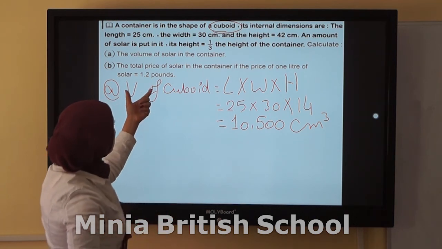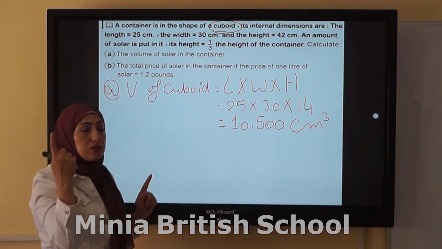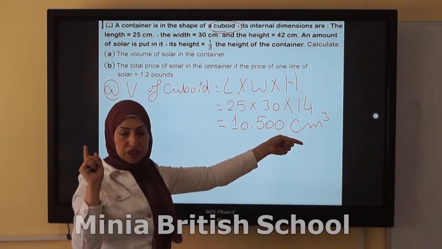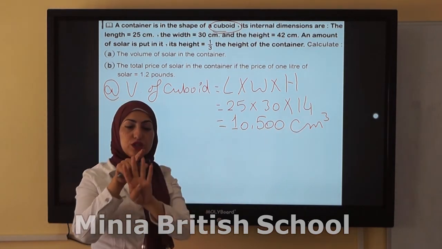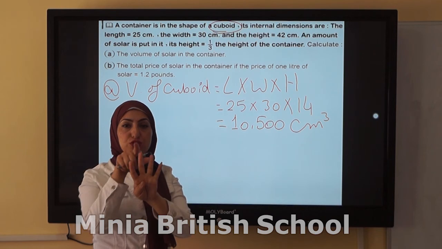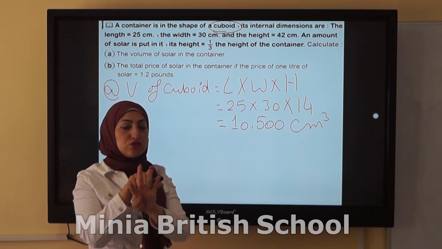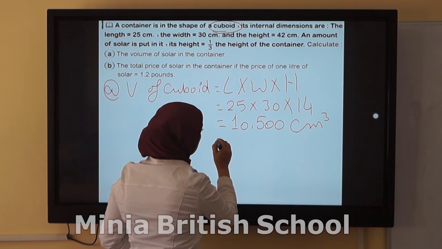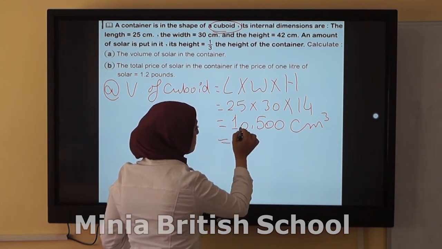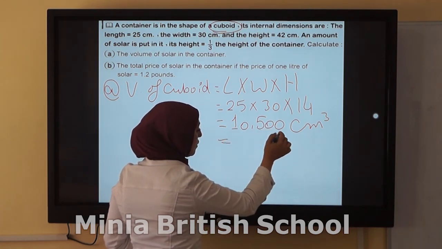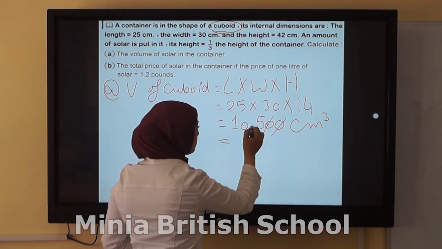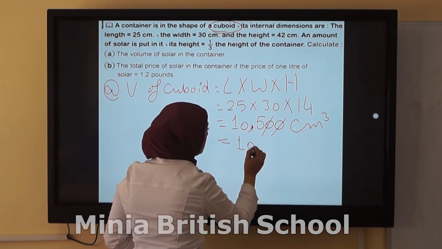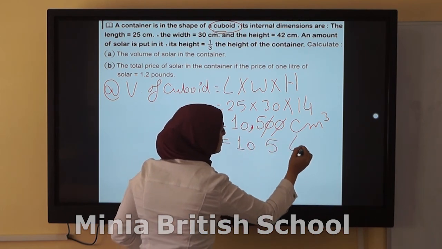So they give me the price of 1 liter, and here I have cubic centimeter, so I have to convert from cubic centimeter to liters, so I have to divide by 1,000. That means this equals 10,500 divided by 1,000, which will be 10.5 liters.